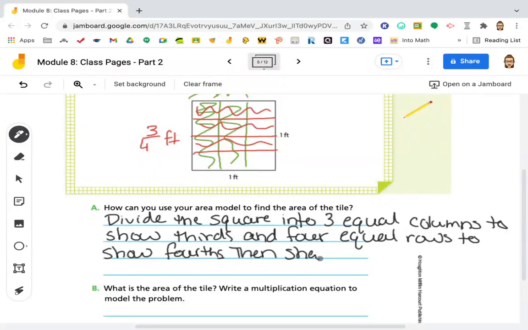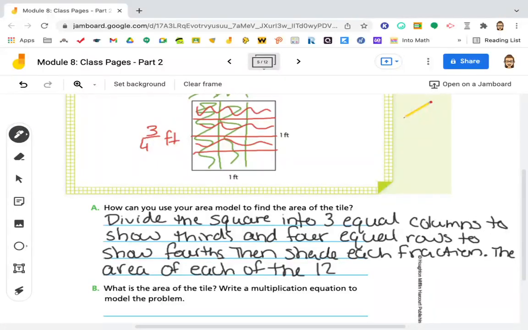Then shade each fraction. The area of each of the 12 small rectangles is 1/12 foot squared.